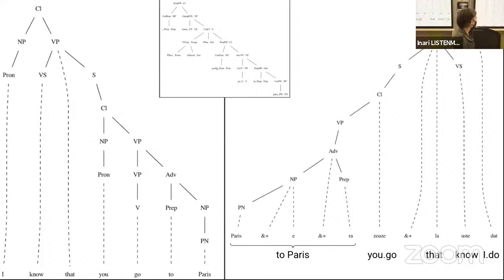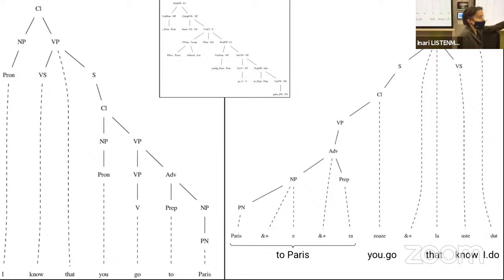Oh, can you actually see it? Almost. "I know that you go to Paris." And then on the right we have that string in Basque, which I have glossed in English, so that you start with "to Paris", which is actually not with a preposition but with the case.